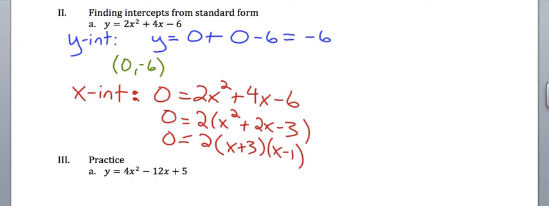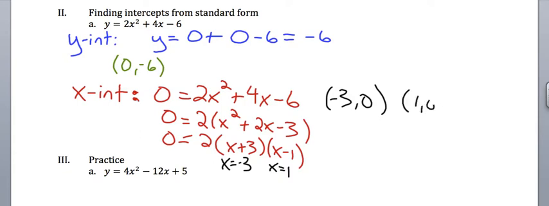And then to finish solving from factoring, basically what you're trying to figure out is what value of x would make each of those parentheses 0. X equals negative 3 would get the job done here, and x equals 1 would get the job done here. So we have 2 x-intercepts. We have an x-intercept of negative 3, 0, and an x-intercept of 1, 0.